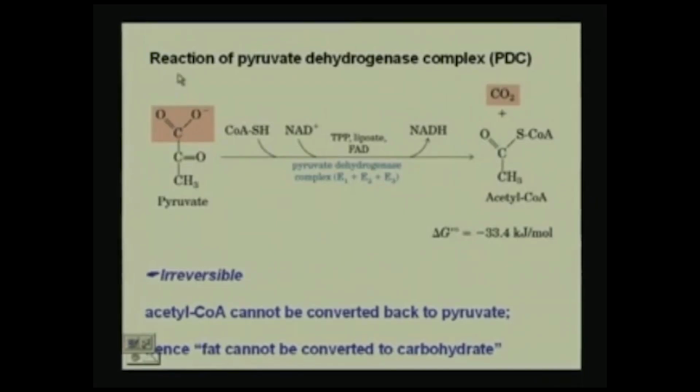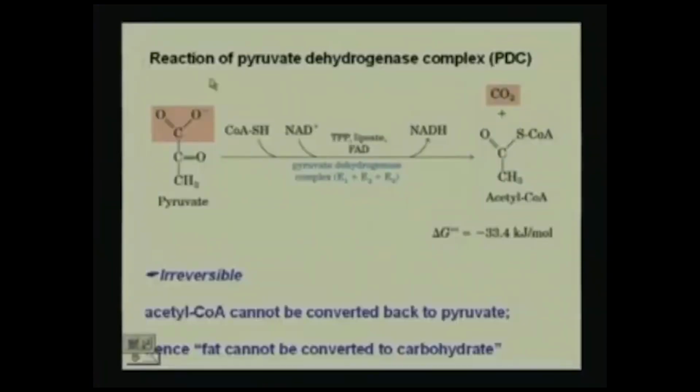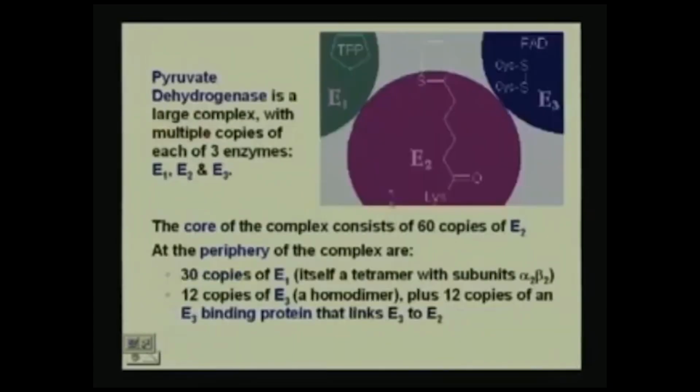The process is called gluconeogenesis. So we can get from pyruvate to carbohydrate, and had this step been reversible, since acetyl-CoA is formed from the breakdown of fatty acids, we should have been able to obtain carbohydrate from fats. But that is not possible due to the irreversibility of this step.